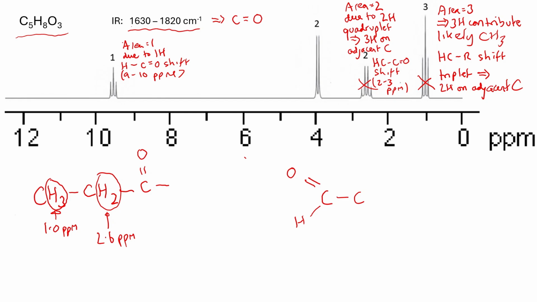So again, you think, what have I not done? I've not thought about the splitting. So the splitting is a triplet, and that means that you have 2 hydrogens on the next carbon. So let's write that down. Triplet means 2 hydrogens on an adjacent carbon.